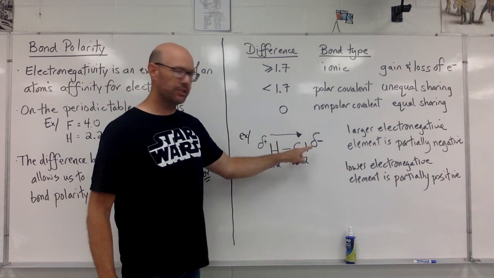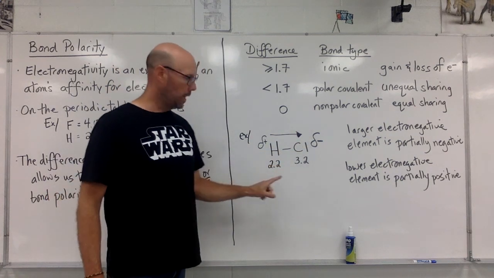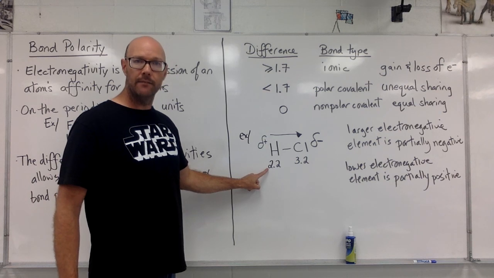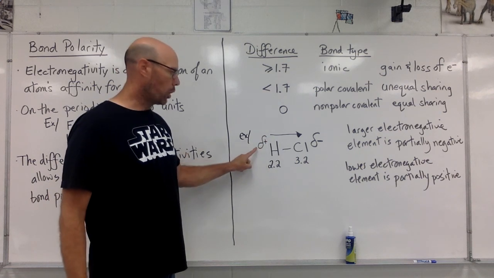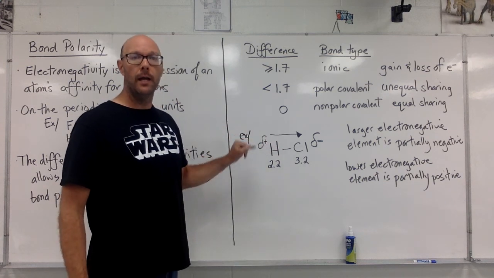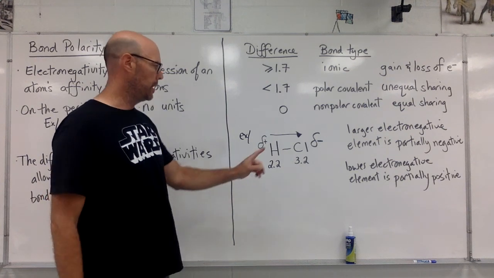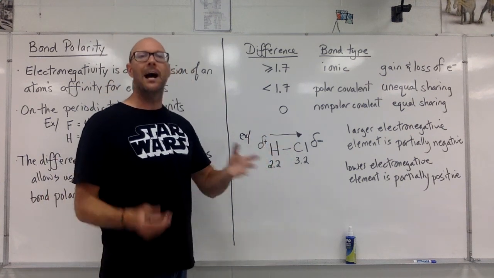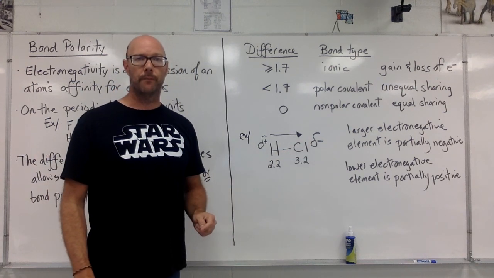We have this strange symbol, lowercase Greek delta, which means partial negative. The smaller electronegativity, the one that's getting the short end of the sharing, gets a partial positive charge. And we also include this arrow in order to show where the electrons are spending most of their time. The larger number is hogging them. Electrons themselves are negative, so we have the partial negative charge there.